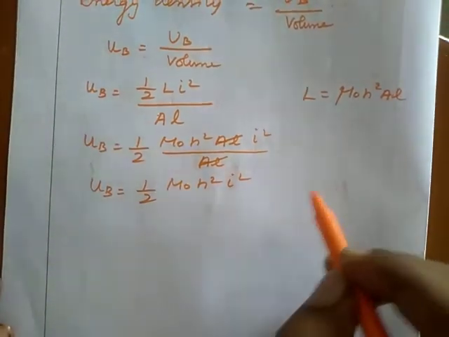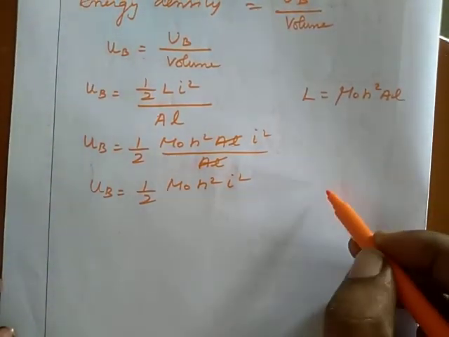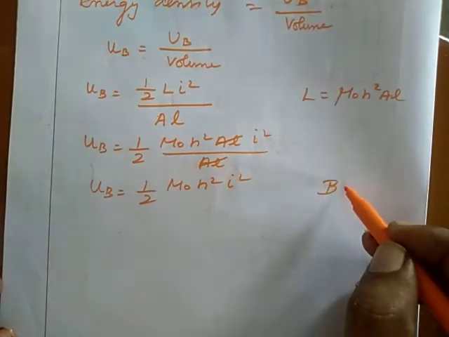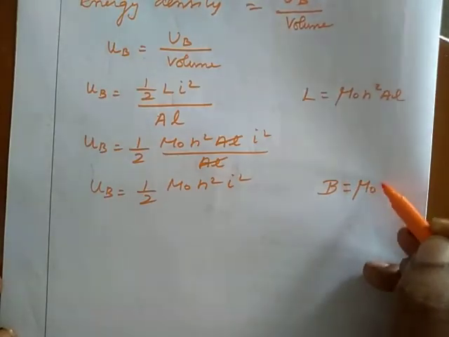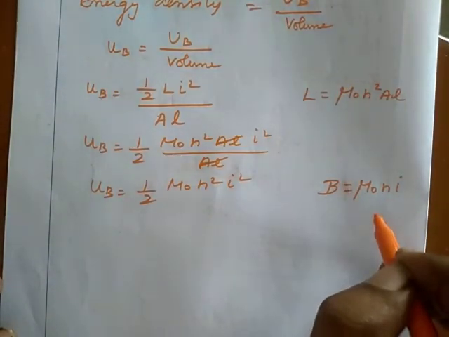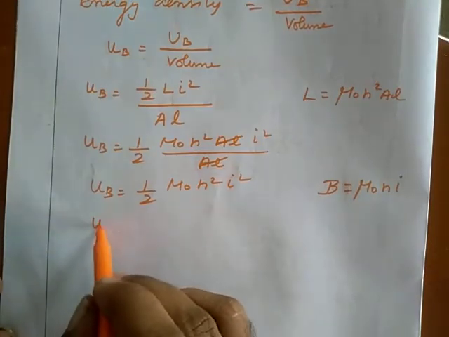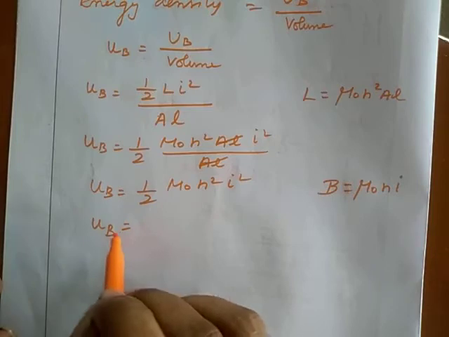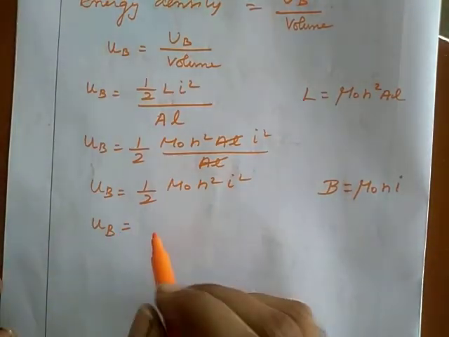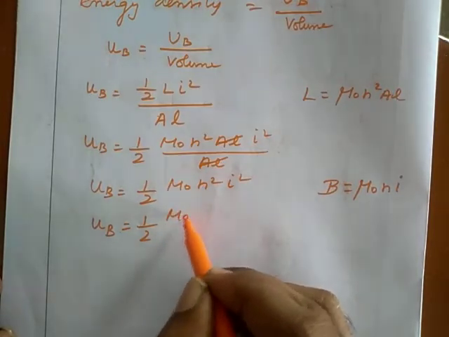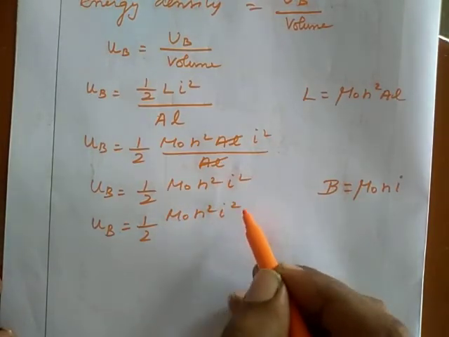Here I am modifying this equation. As we know very well, the magnetic field inside the solenoid, that is B, is equal to mu naught N I. This is the magnetic field produced inside the solenoid. I will write the energy density in terms of magnetic field, so I am multiplying and dividing this expression by mu naught.